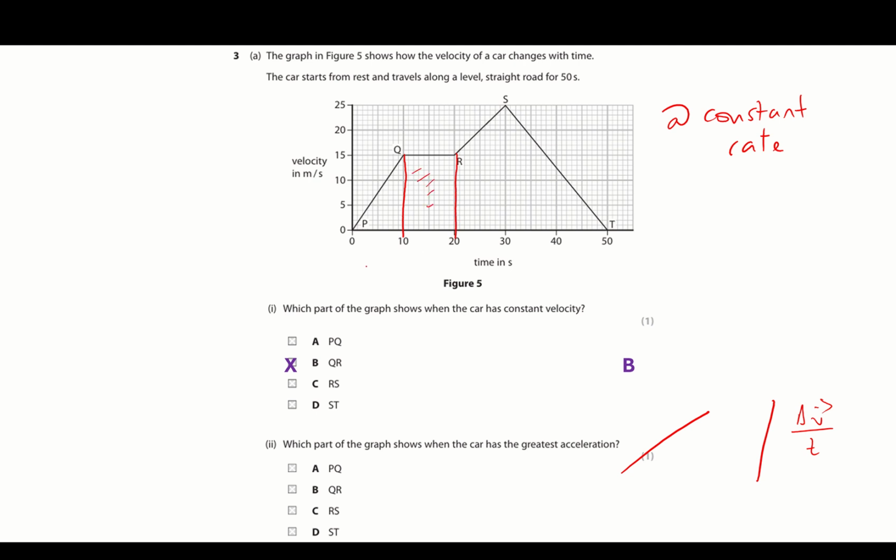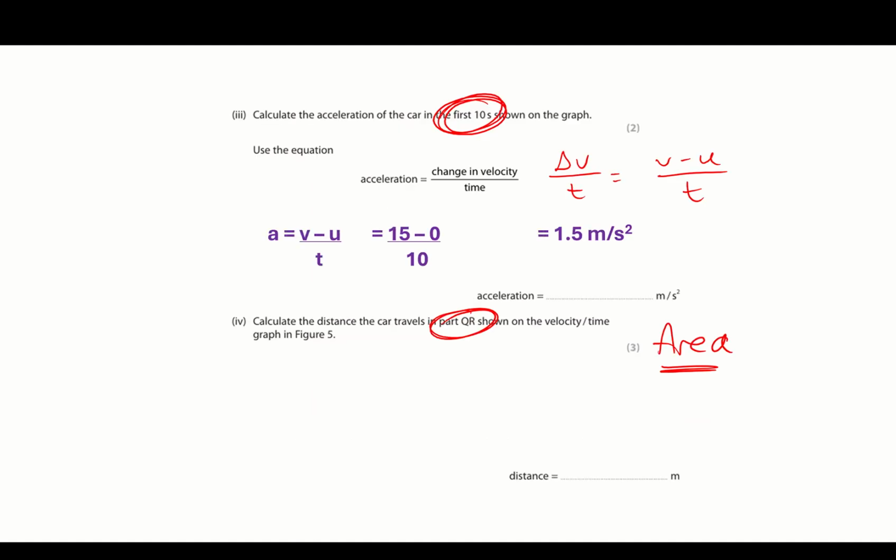Well, we know that the area in there is length times width, so we can see this is 15. That's a change of 10, so it went from 10 to 20, and then we just multiply those together. Distance equals speed times time. And there we go, 150 meters.